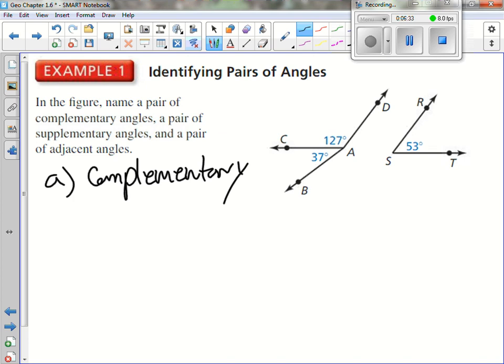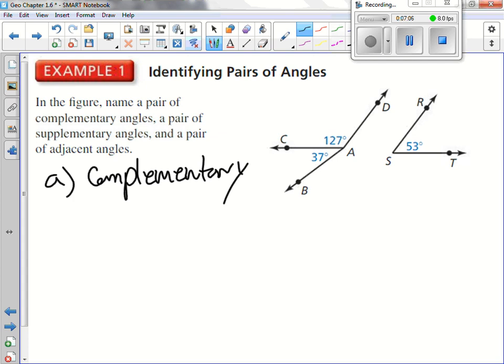Kelly, what does it mean for two angles to be complementary? They do what? You look at your note sheet. They add up to be 90 degrees. So if we want to find a pair of complementary angles, we want to find two angles that add up to be 90.